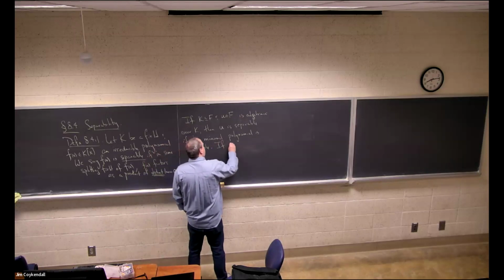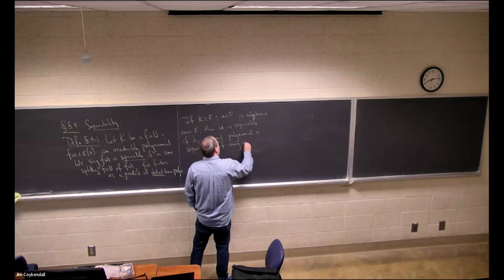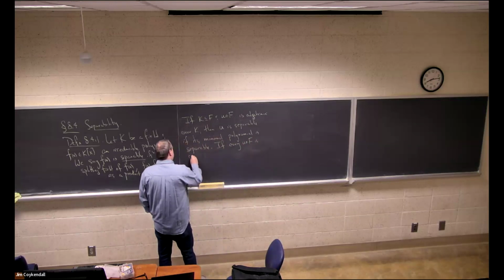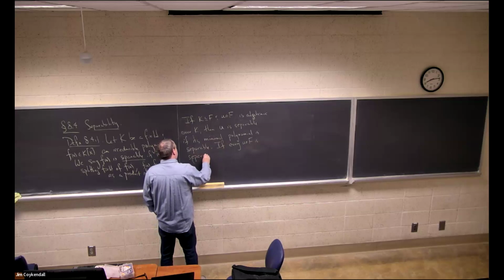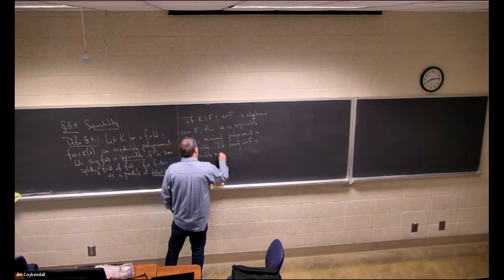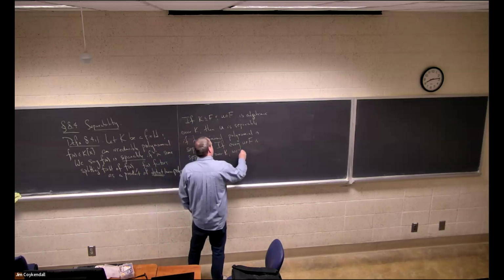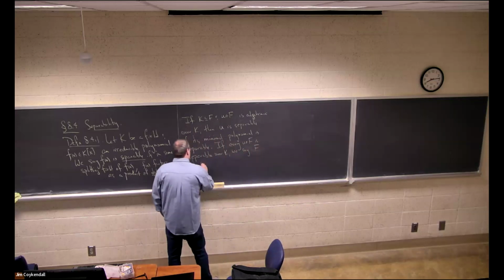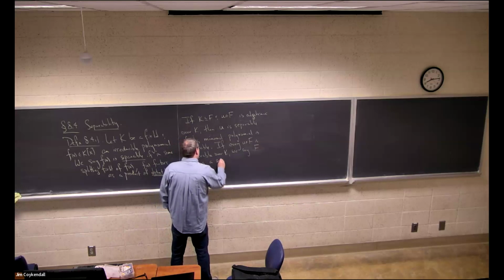If every u in F is separable over K, we say F is a separable extension.